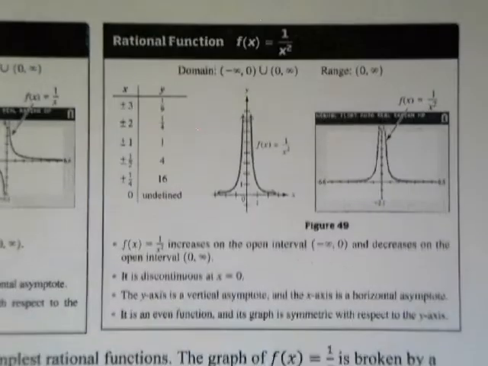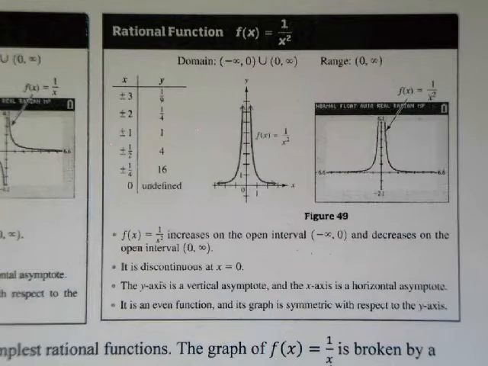Here is a graph of 1 over x squared. So it has the same two asymptotes because, again, there's no way to make x equals 0, because then it'd be dividing by 0, which means there's no way for the function to have an output of 0. And so you have the same two bounding lines.